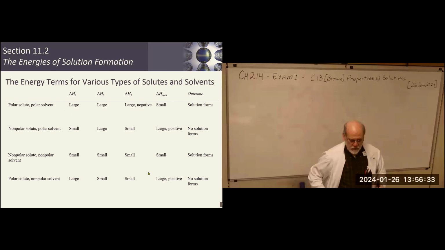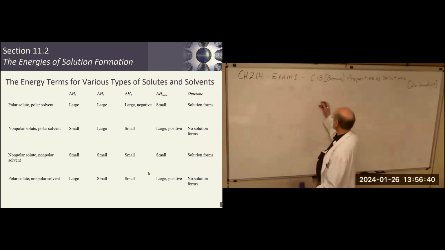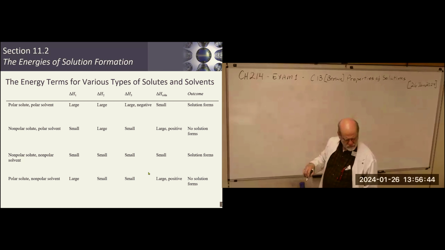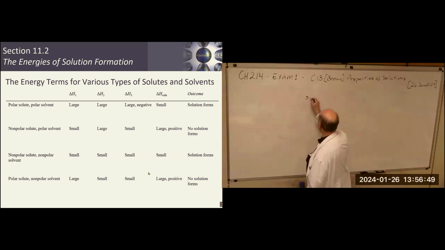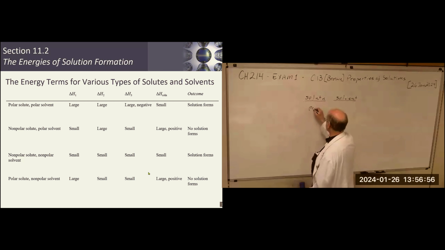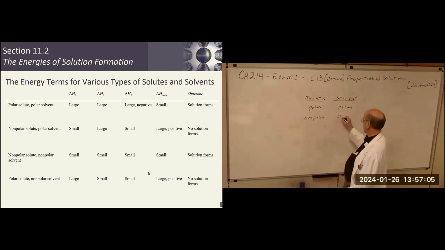All right. So think of the polarity of the solute and the solvent. You have solute, solvent. Okay. We can have both of them polar. We can have both of them non-polar.